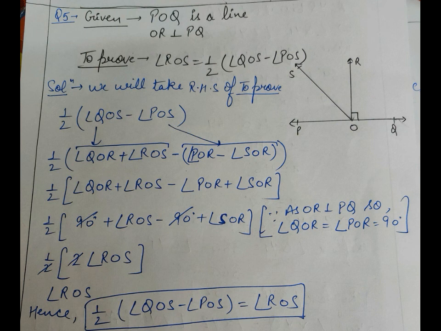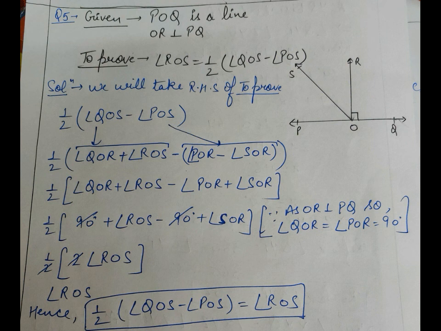Then in the next step we will just solve the brackets and we will get half of angle QOR plus angle ROS minus angle POR plus angle SOR.